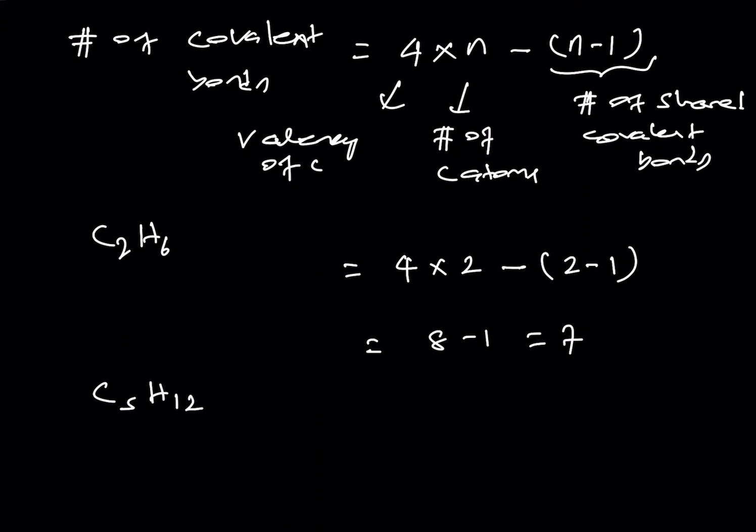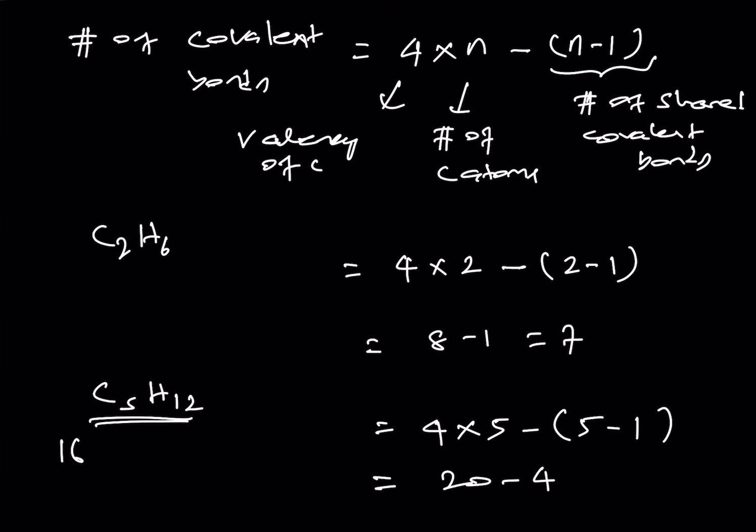In this case the answer should be 16. Whether we are getting 16 or not, we will just cross check that. So 4 times 5 minus 5 minus 1. So 20 minus 4, that is equal to 16.